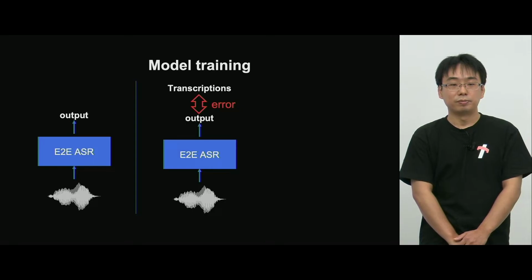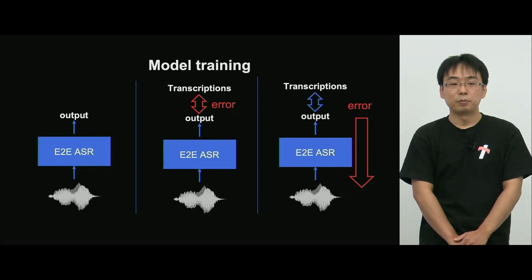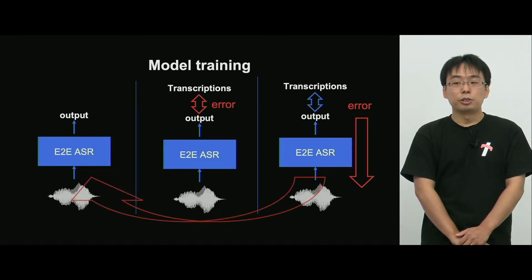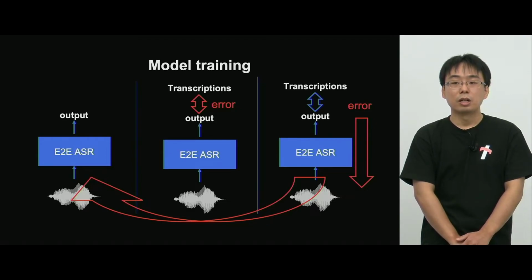Then we calculate the delta between the result and the pre-transcribed text, and we update the model parameters to minimize the gap. By repeating this process, the model can output a result closer to the transcription.